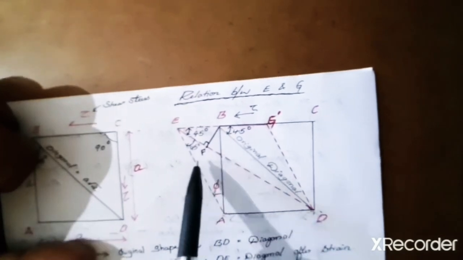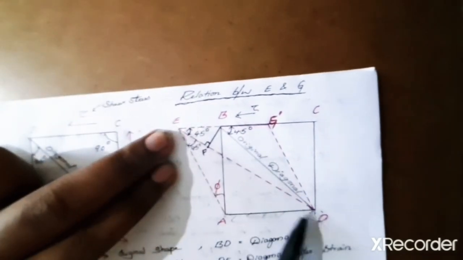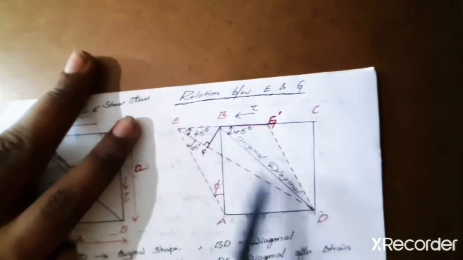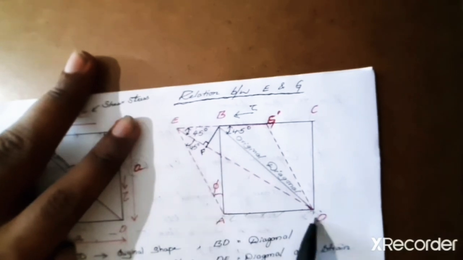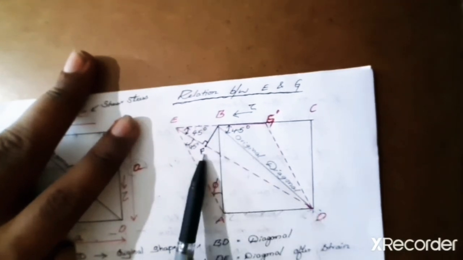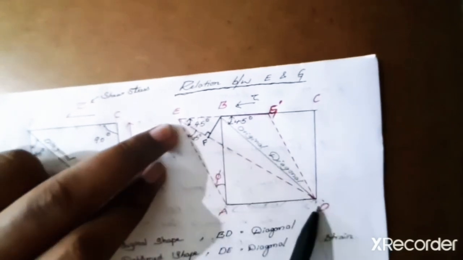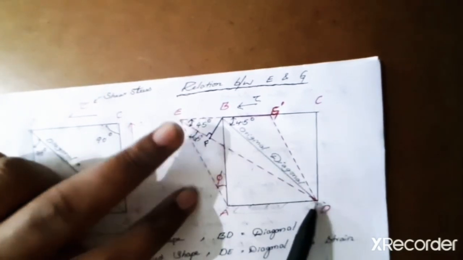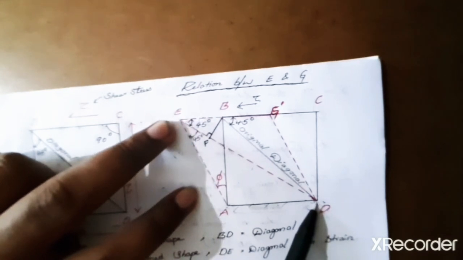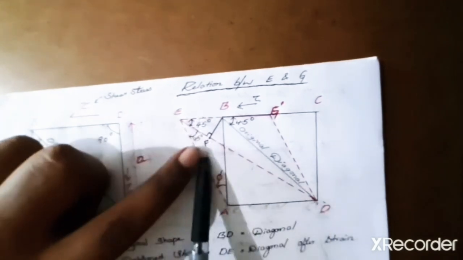So if DF is equal to DB, DF is the original length of the diagonal. You can write DF instead of DB as the original length also. Now, what is the final length of the diagonal? DE. So DF is the original, DE is after deformation. The difference between them is EF.